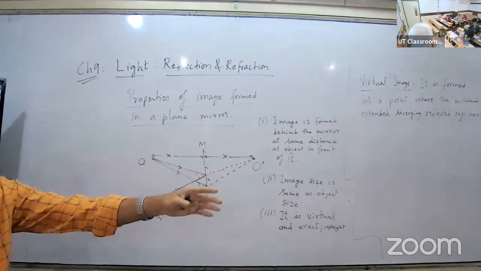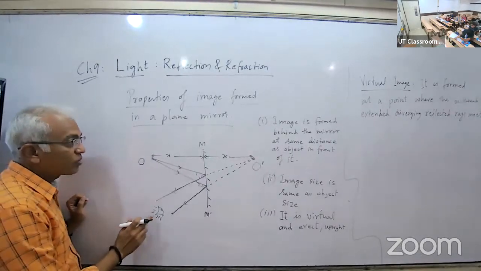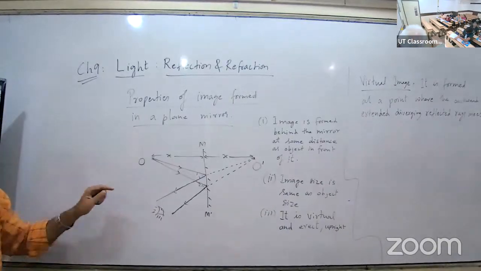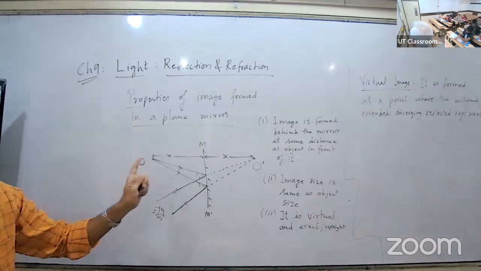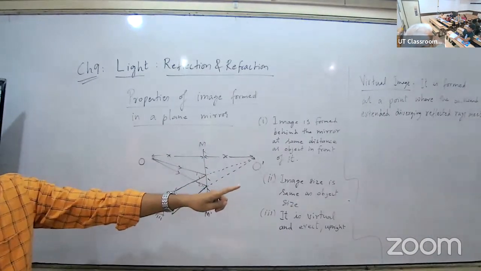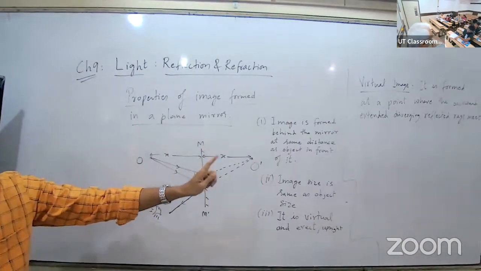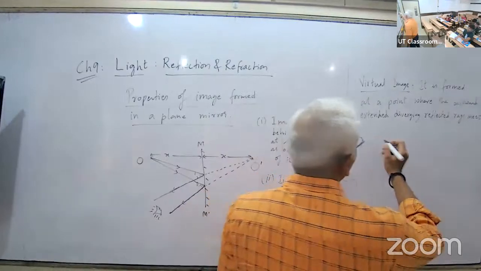But to this observer, it appears that these rays are coming from here. So when you extend it backward, where do they meet? Here. This is where the image will be formed. Which image? Virtual image. So this is not real image, this is virtual image. Got it? And where real image forms?